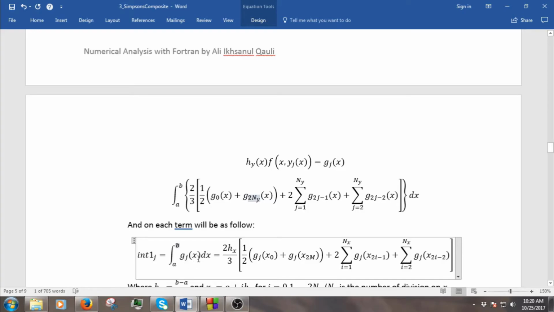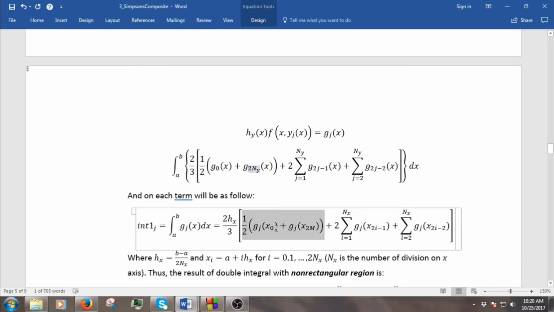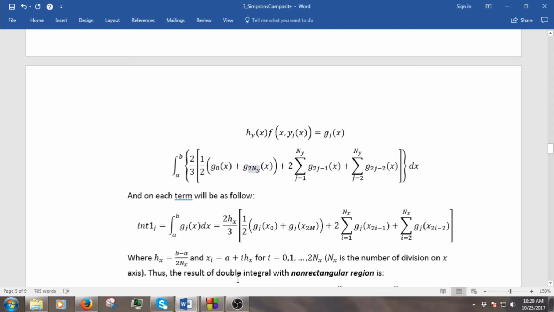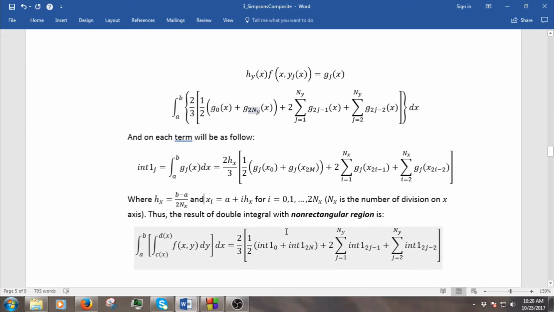So the integral of g_j(x) dx equals this, similar to what we have in the composite Simpson's rule, but be careful here, we have the step size h_x. This is a constant because we have b and a as constants. Okay, and x_i is equal to a plus i multiplied with h_x, and i itself starts from 0 to n_x, where n_x is the number of divisions on the x axis.